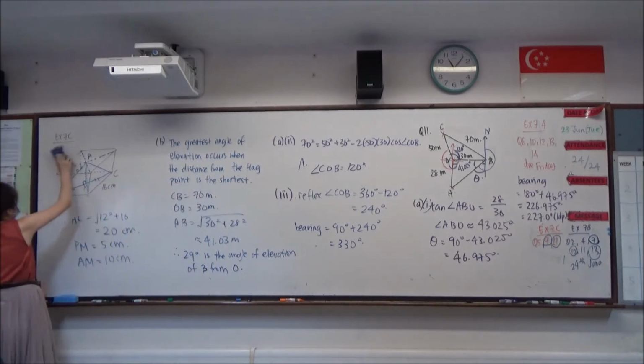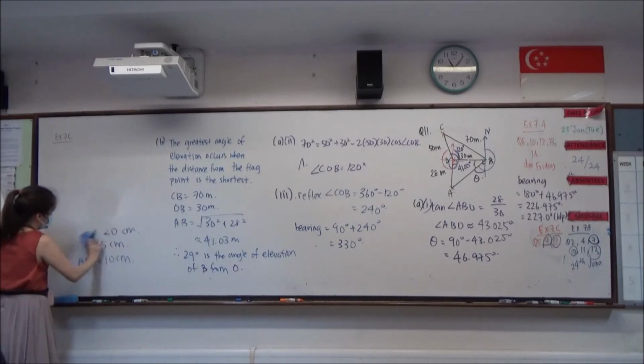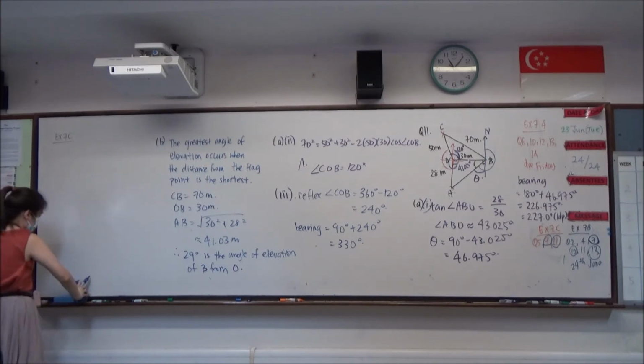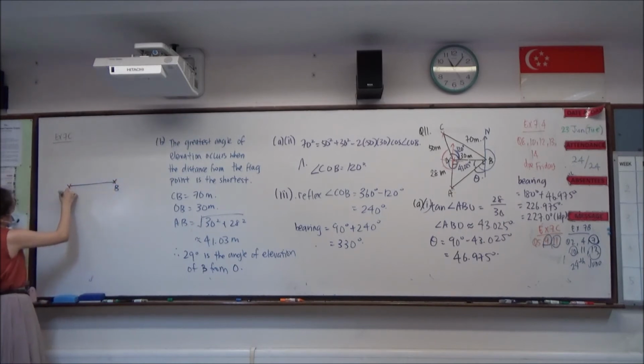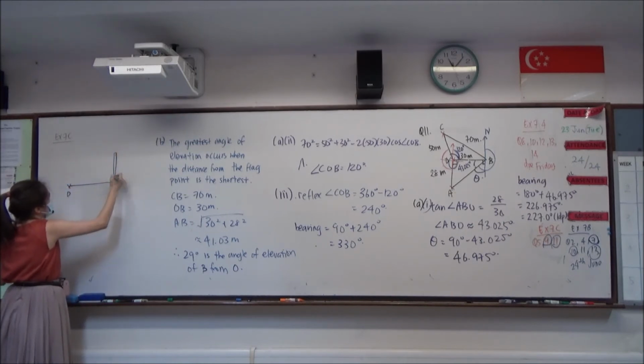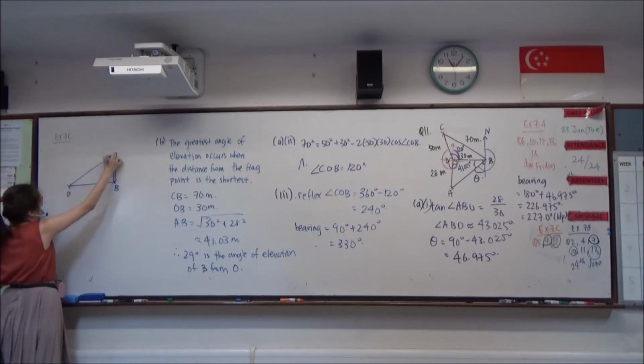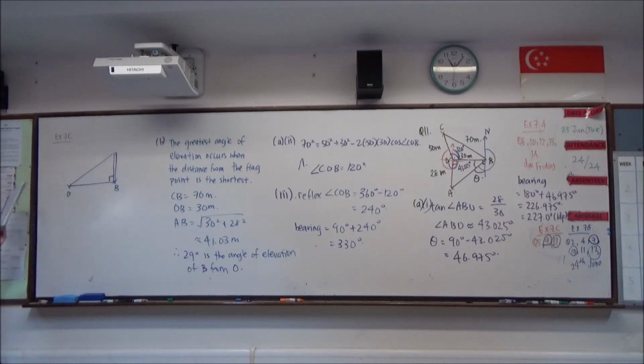After deducing that, we will then be able to draw a right angle triangle. This is point B, this is point O. The flagpole looks like that here, and we get a right angle triangle like this. The length OB is given to be 30 meters. We want to find out the height of the flagpole. This angle here is 29 degrees as given in the question.